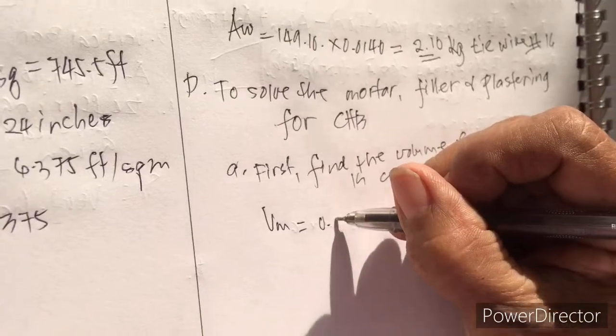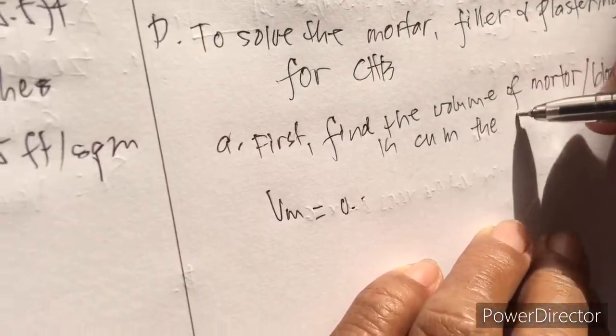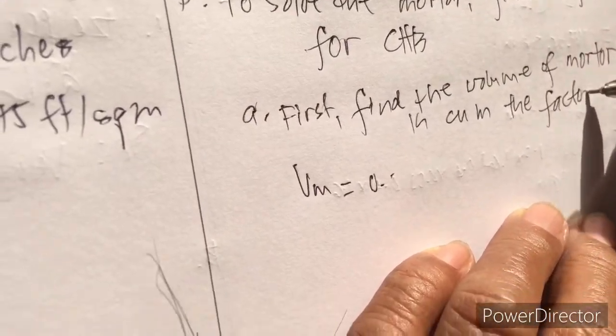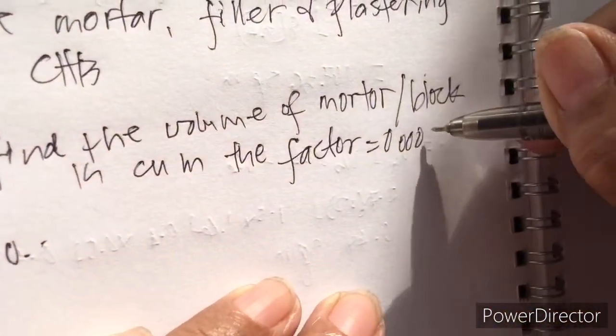Where did I get 2.0? The factor equals 0.005.